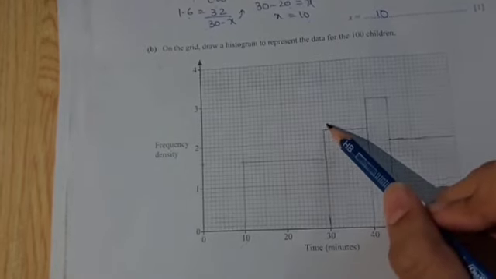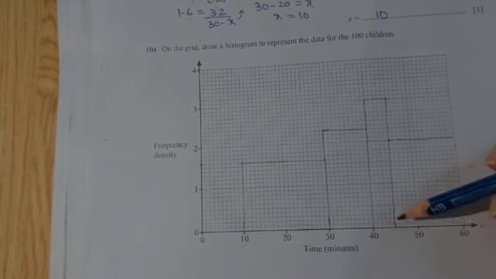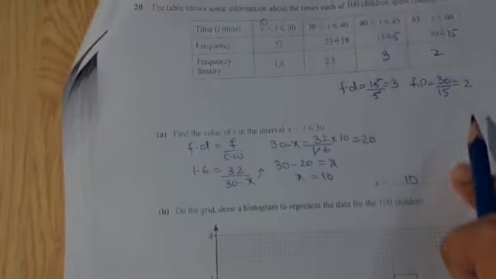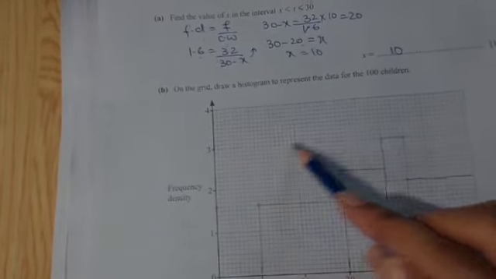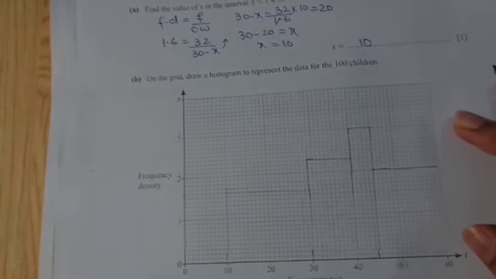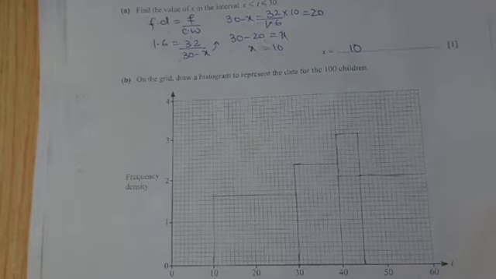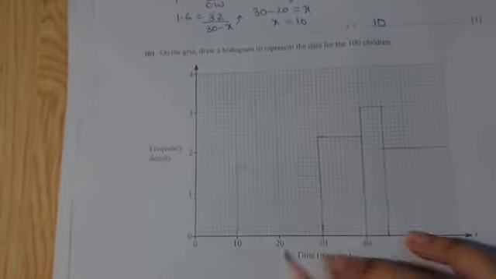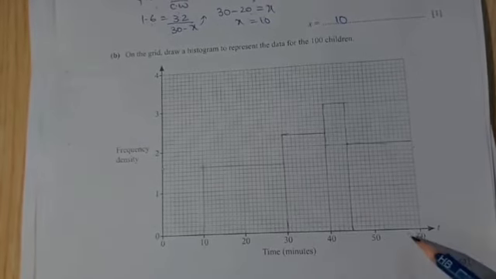The frequency density is 2.3, so that would be this long. For 40 to 45, the frequency density over here is 3. So that's 3. From 45 to 60, the frequency density we calculated was 2. So that would be 2, for 45 to 60.